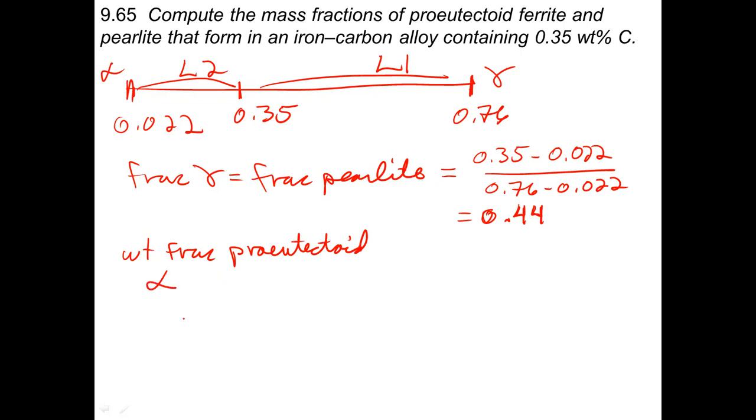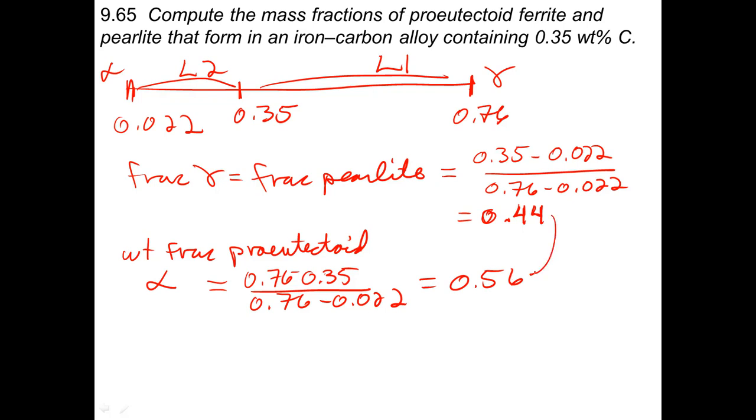We're asked to also calculate the mass fraction of the pro-eutectoid ferrite. So we can just use that distance L1 divided by L1 plus L2.